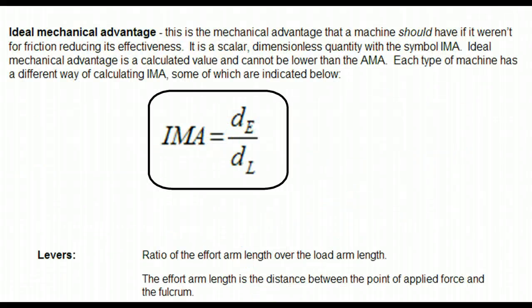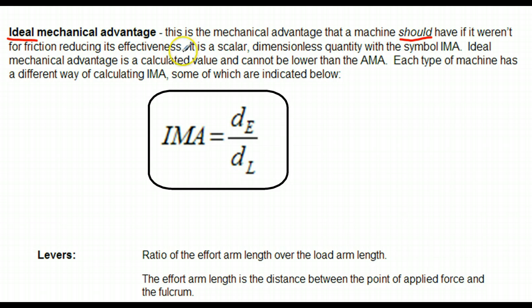So what you're going to notice here is the second kind, and it's very similar except for this word. We just looked at actual mechanical advantage, and here we're looking at something called ideal mechanical advantage. This is the mechanical advantage that a machine should have if it weren't for friction reducing its effectiveness.